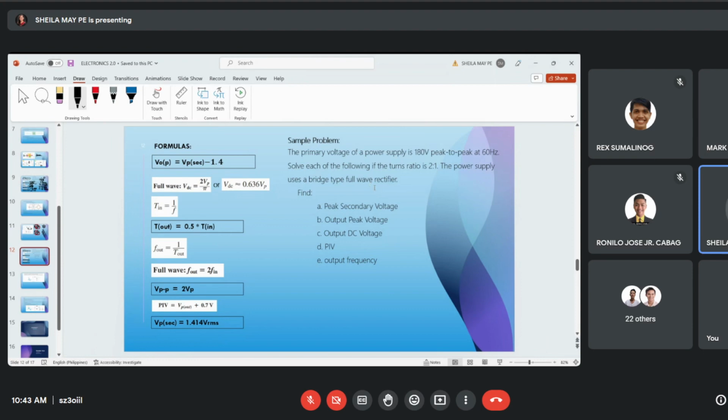We need to find A, peak secondary voltage, B, output peak voltage, C, output DC voltage, D, the PIV, and E, the output frequency. Okay, solve it now, guys. It's the same formula from our center tap.